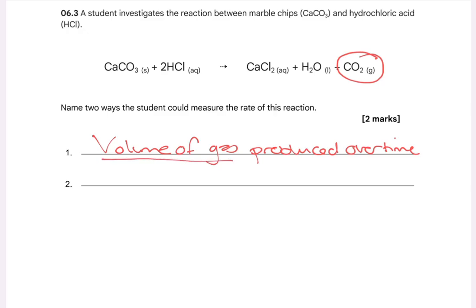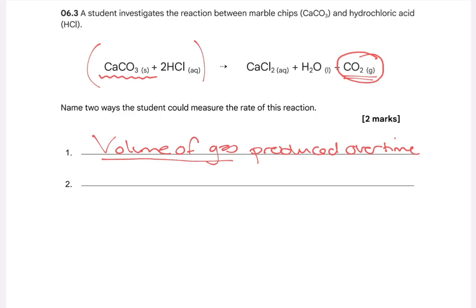But we're essentially measuring the volume of gas produced. The other way is to appreciate that as that gas leaves the reaction vessel, so we would have the reactants giving off a gas as they react. That means if that gas is being measured and collected somewhere else and is bubbling out of the reaction vessel, then the mass of the calcium carbonate, or importantly the mass of the entire reaction vessel, will decrease.